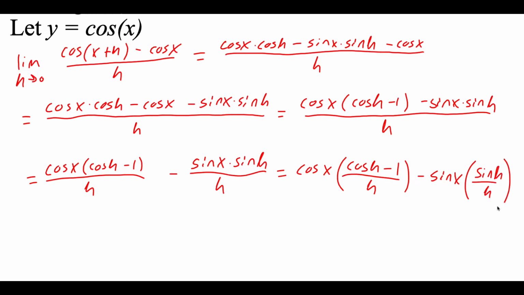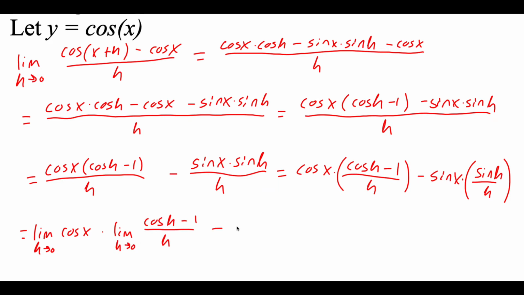Now what we want to keep in mind is that we're doing the limit as h approaches 0 of this whole thing. And because of that multiplication that's happening in there, we're going to be allowed to take the limit of those pieces separately. So this is going to be the limit of the cosine of x as h is approaching 0 times the limit of that fraction cosine of h minus 1 all over h as h is approaching 0.